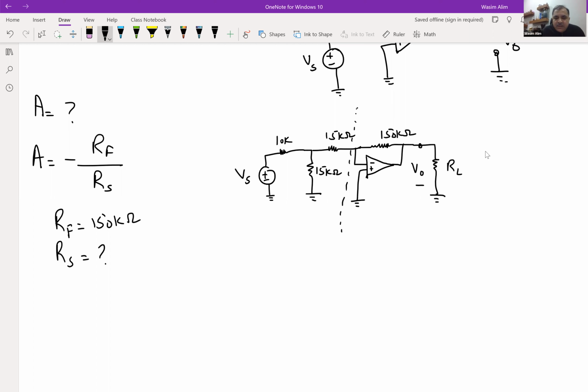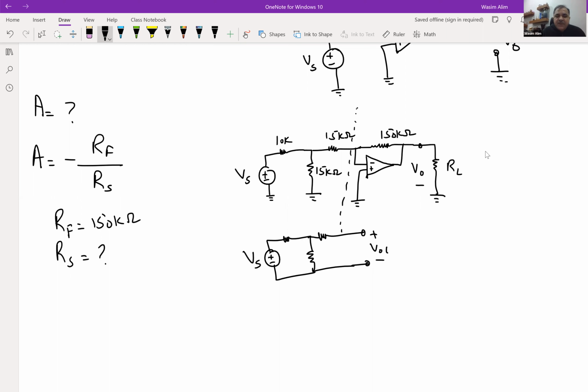My circuit will then look like this. This is a standard two-port network, and the output we can call V sub O1, just to distinguish it from the output voltage that we're using.